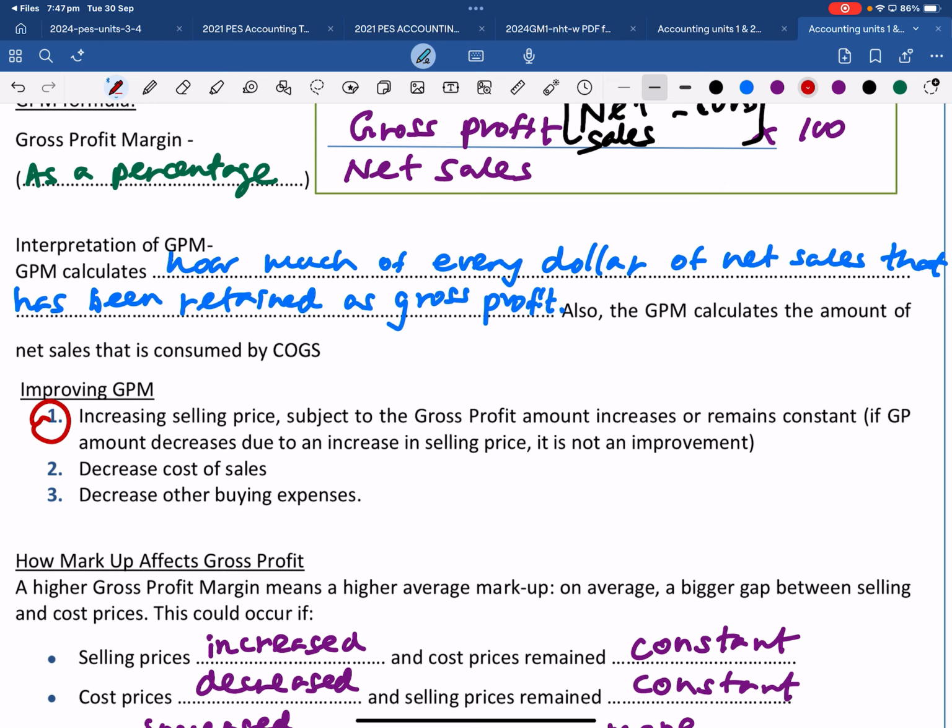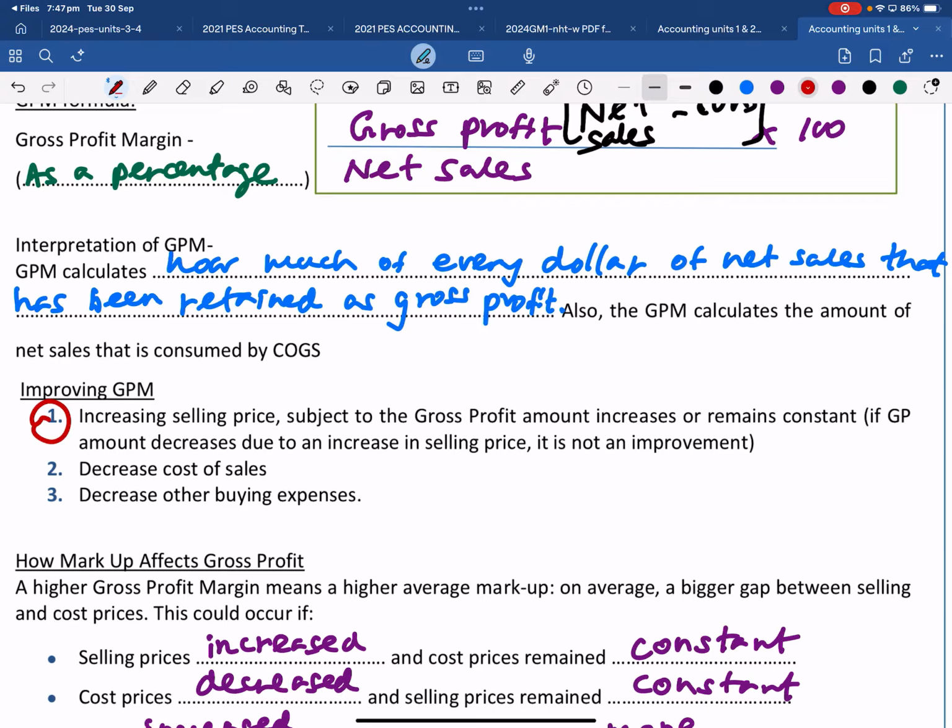So I simplified as much as possible. See, with an increase in selling price, you can improve GPM, subject to gross profit amount increasing or remaining constant. If the gross profit amount, dollar value, decreases due to an increase in selling price, it is not an improvement. It is not recommended to increase the selling price.